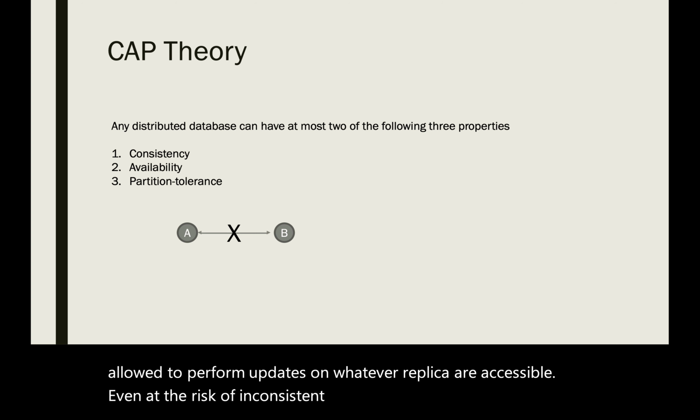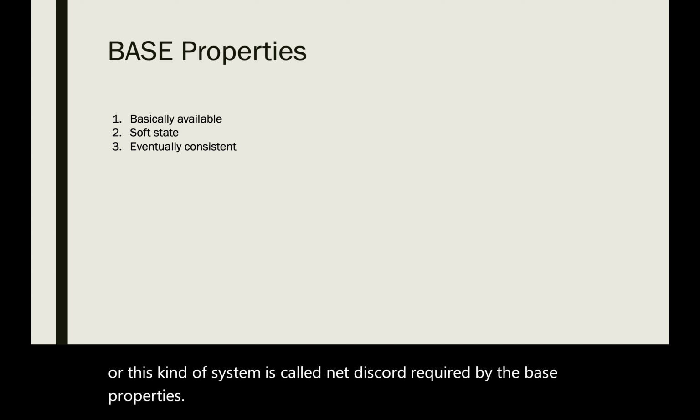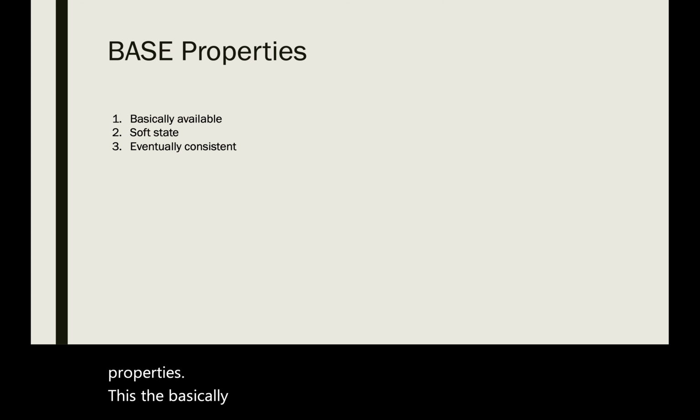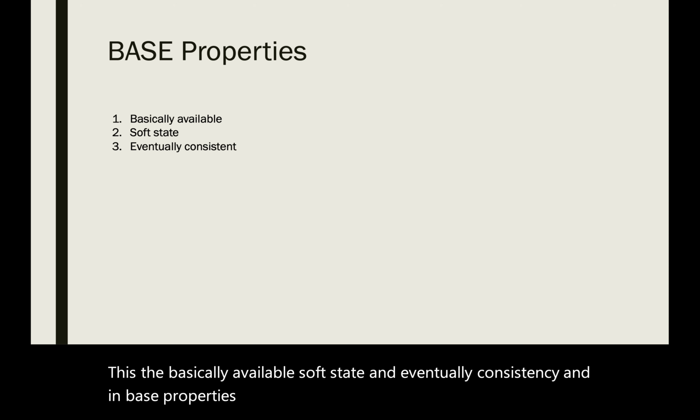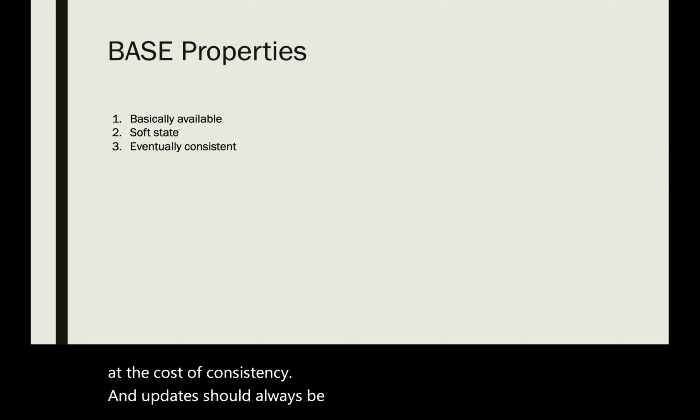This kind of system is required by the BASE properties: basically available, soft state, and eventually consistent. In BASE properties, the primary requirement is availability, even at the cost of consistency, and updates should always be allowed, even in the event of network partitioning.